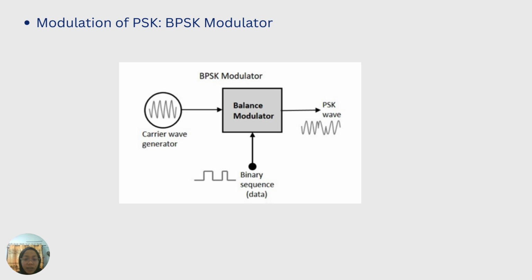The phase reversal for high input is 180, while the phase is 0 for the zero binary input. Depending on the data stream, the modulator's output sine wave will either be the direct input carrier or the inverted, which is the 180 degree phase shifted input carrier.